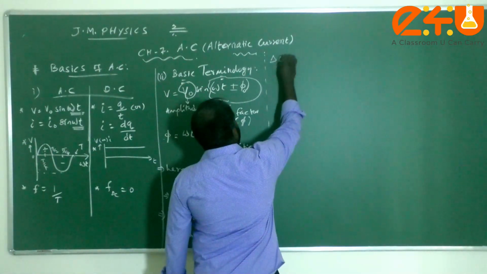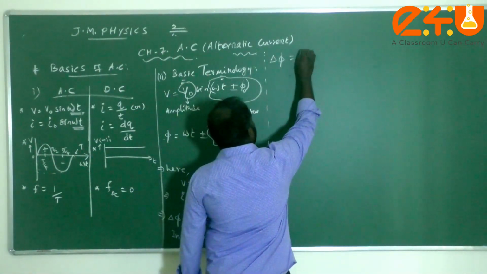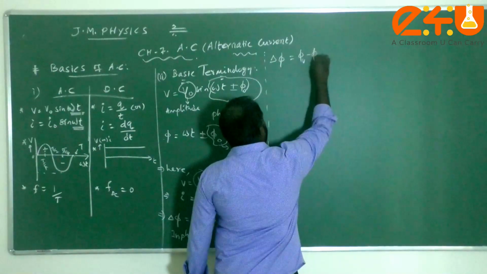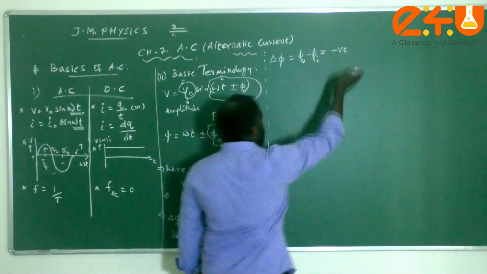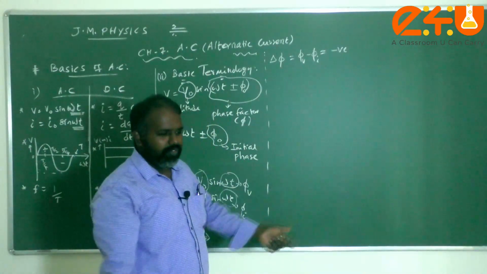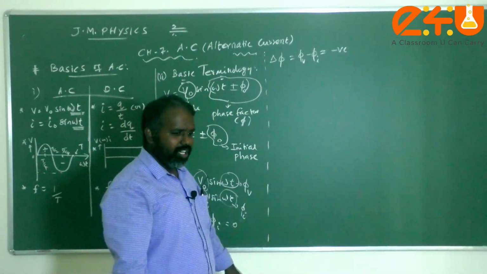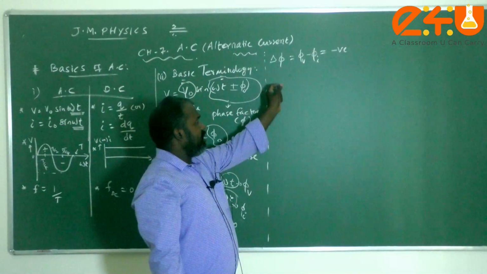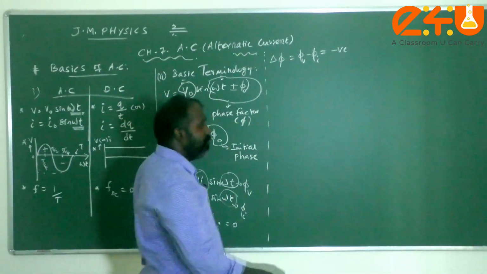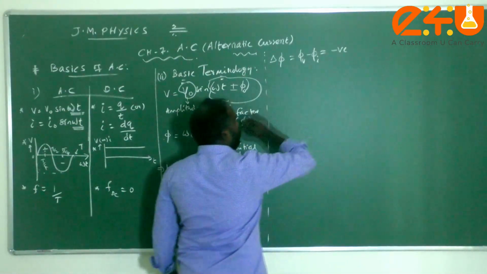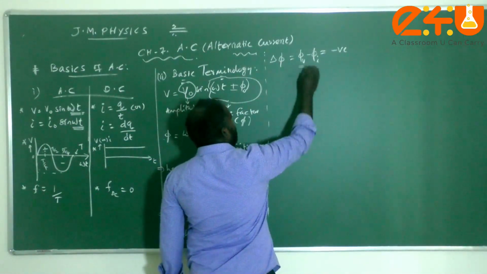Okay. And next, suppose delta phi may be either positive or negative also. So if delta phi is equal to phi V minus phi I, that is equal to, for example, a negative value, that may be 30 degrees, 45 degrees, 60 degrees, whatever it may be. Suppose in general we say the phase difference is negative. The negative sign represents, try to understand, children, what phase is taken?